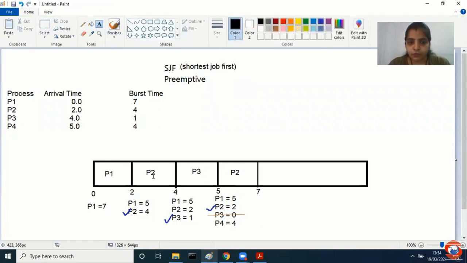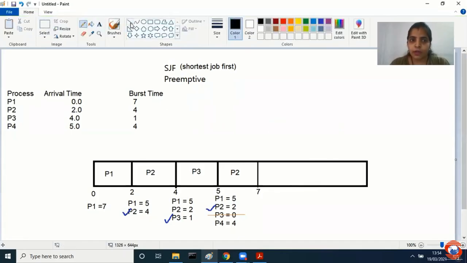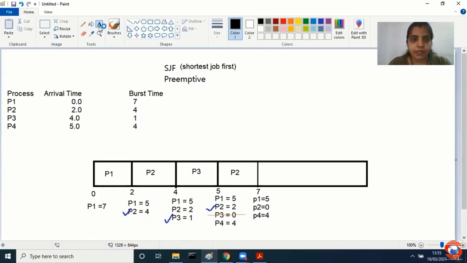P2 2 कैसे? बिकॉज P2 ने यहाँ पे 2 एग्जीक्यूट किए थे ना ऑलरेडी. 4 में से 2 इधर एग्जीक्यूट किए, 2 इसके बाकी है. ओके, एवरीवन. Now P2 has completed its job. Means when I am reaching here, P1 was still remaining, P4 is still remaining. P2 has completed. Means this is out of this.